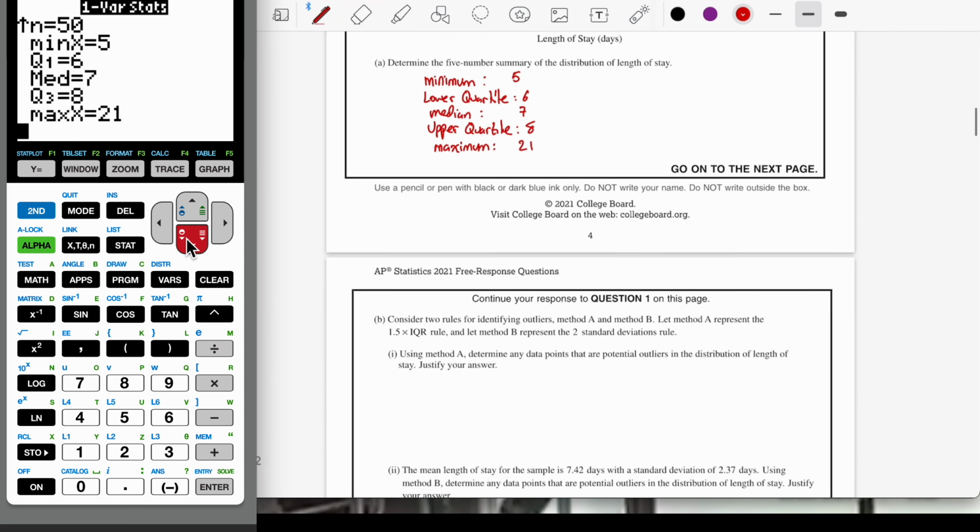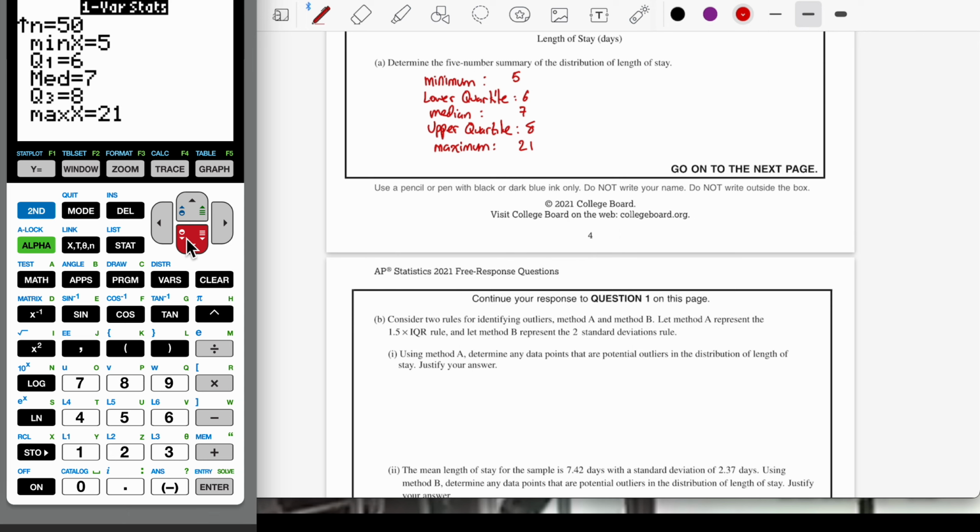In the next part of the problem, they define 2 methods that you can use to determine outliers. Method A, method B. Method A is our standard approach for finding outliers: LQ minus 1.5 the IQR, comma, UQ plus 1.5 the IQR.